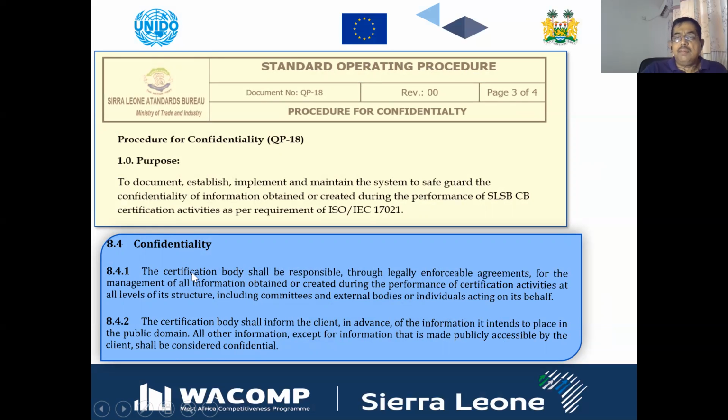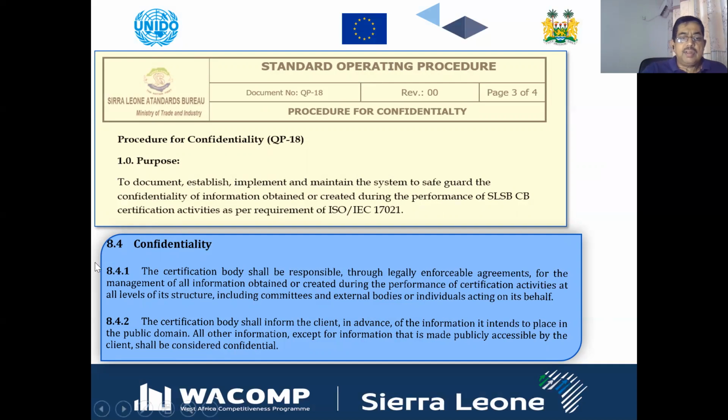So you must have a confidential agreement with your auditors, with your members of the impartiality committee, even with your members of the certification committee. Everybody who is around you, you must sign the confidential agreement with them, so that all the information you are getting from the client into your management system certification body must remain confidential.